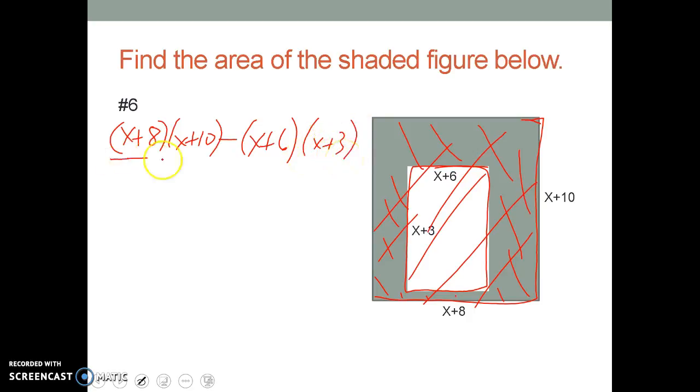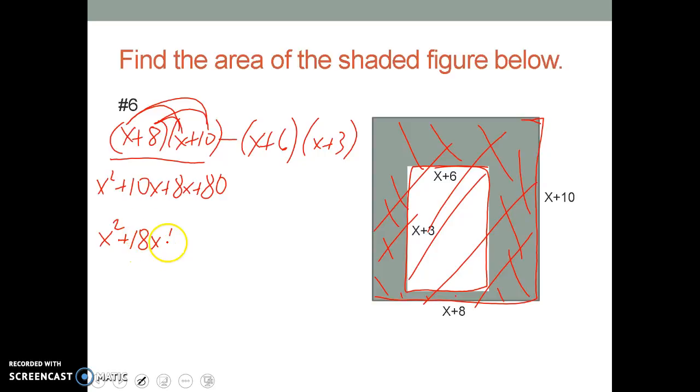So I'm going to start by multiplying these two together using the FOIL method or the double distributive. If I take x times x, that's x squared. X times 10 is 10x. Then 8 times x is 8x, and 8 times 10 is 80. And when I simplify these, I get x squared plus 18x plus 80.